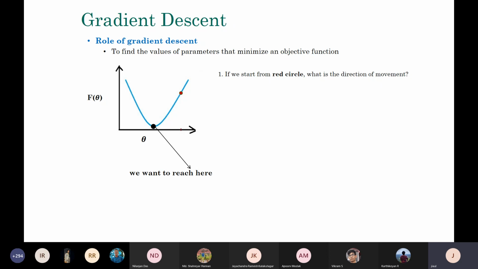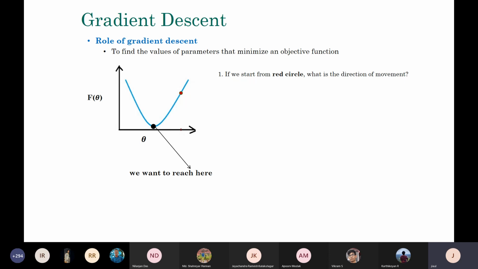That you always have to do, and then you go and update depending upon the gradients. Say we initialize theta to the red circle at that position. If that is the case, then what is the direction of movement from there? You want to minimize this.